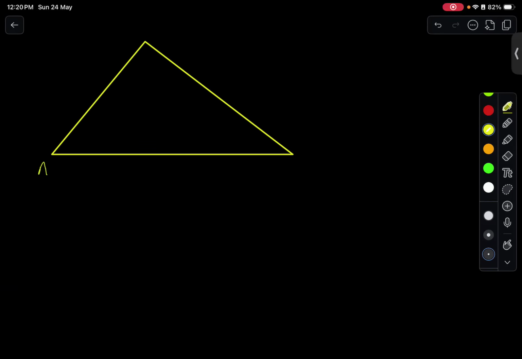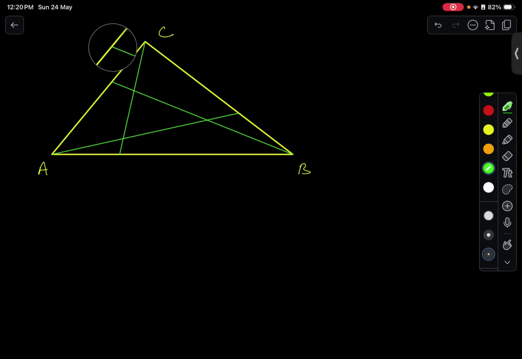This is ABC, is a triangle. Just I am giving this point, this divide in the ratio, 3 points are given.